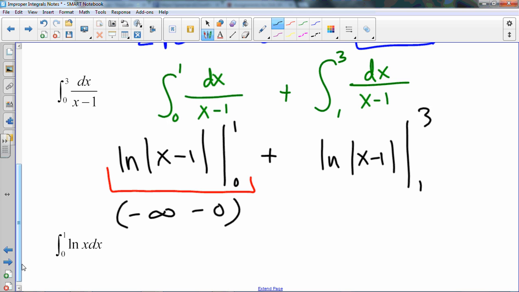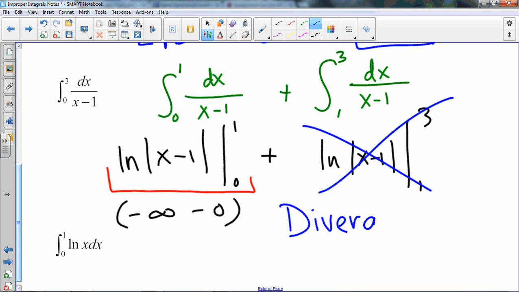So when I did just the first integral, I ended up with a negative infinity minus 0, which is certainly not a finite number. That means I don't even have to finish the rest of the problem. I can just ignore it. It doesn't matter what I add to an infinite area. My answer is still going to be something infinitely huge. So we say that it is divergent. And that is our answer.